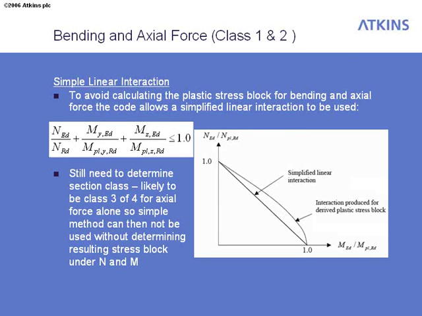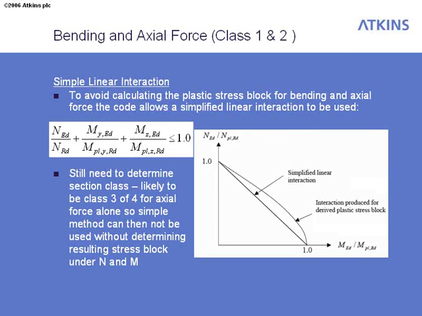If you've got a separate section classification that you've done, you need to determine the plastic stress block. Quite often, if you do a separate calculation for the bending alone and the axial load alone, you find that the section will quite likely be a class 1 or 2 section for bending, but it'll be a class 3 or 4 section for the axial load.